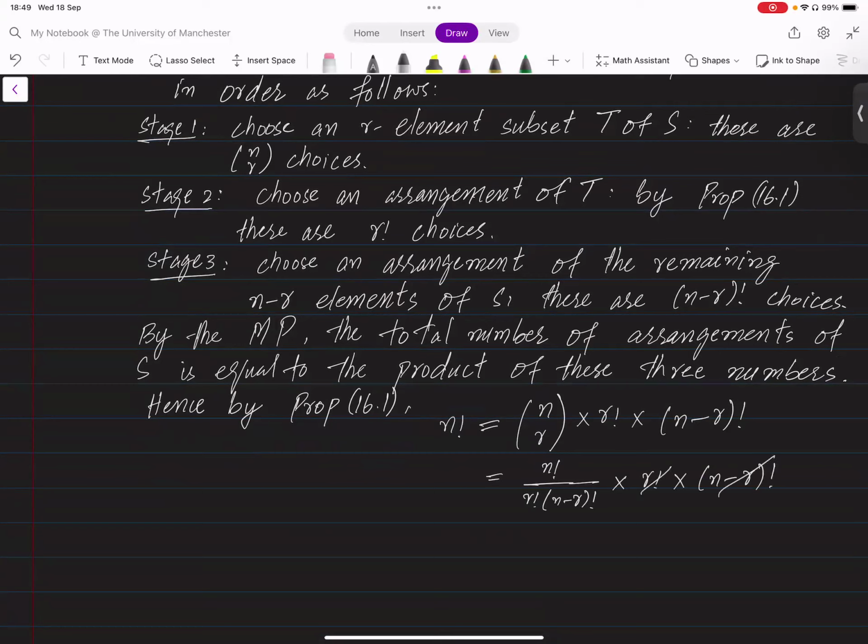These two cancel out and you are left with n factorial, which proves the result.